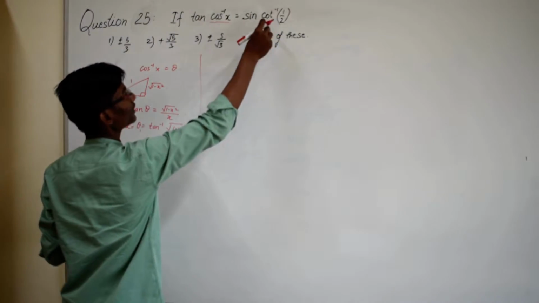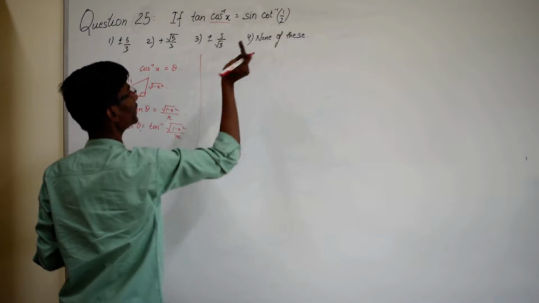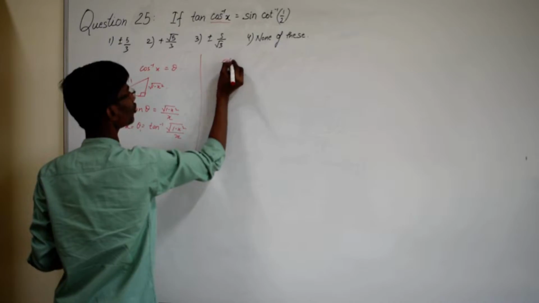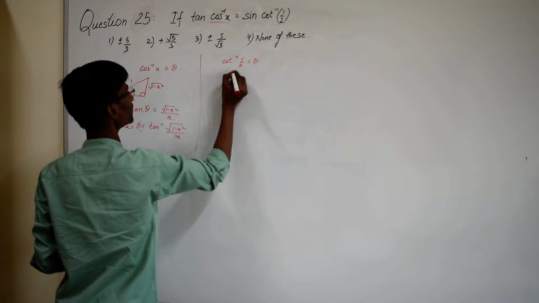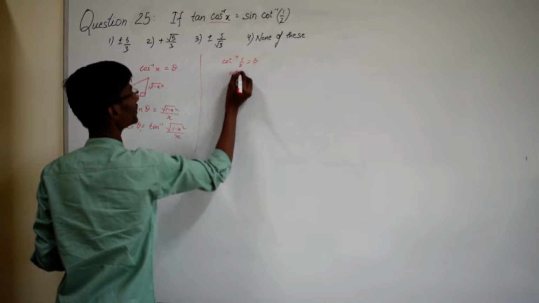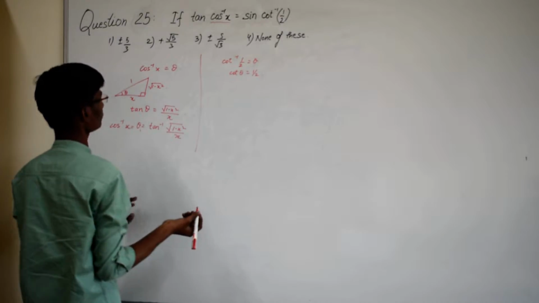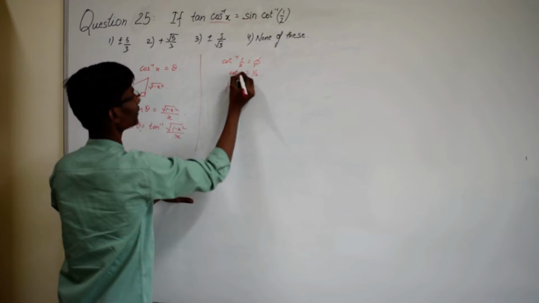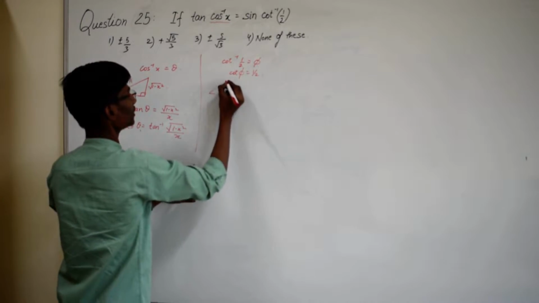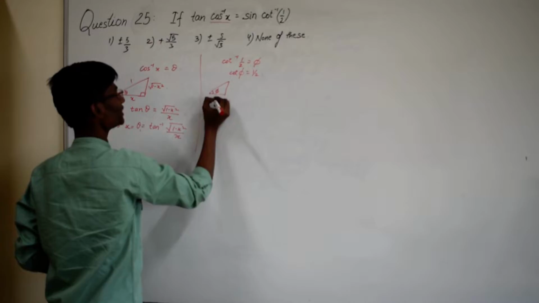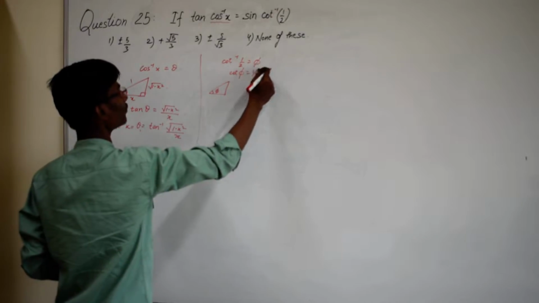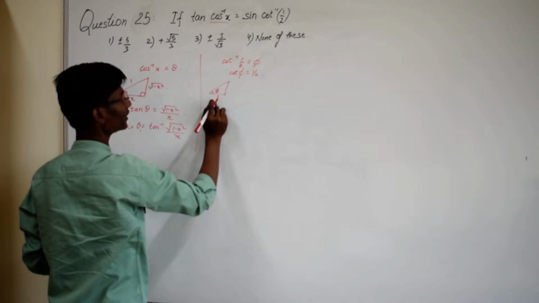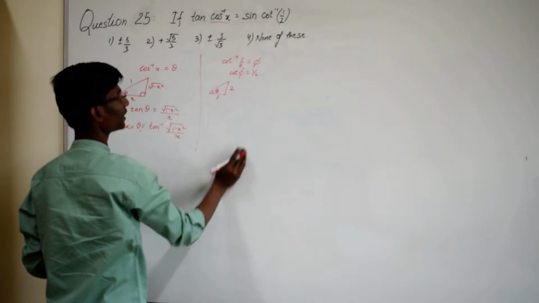Similarly, we evaluate cot inverse of 1 by 2 in terms of sine inverse. Let us assume cot inverse 1 by 2 equals theta, so cot theta equals 1 by 2. Now let us take this angle to be phi so that you can differentiate between them. Since cot phi equals 1 upon 2, let this side be 1, then this side will be 2.